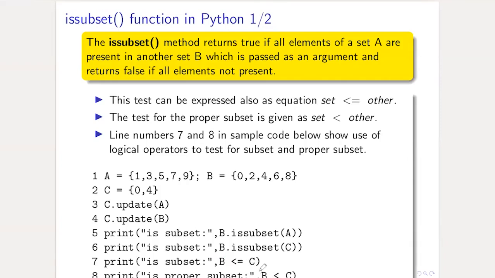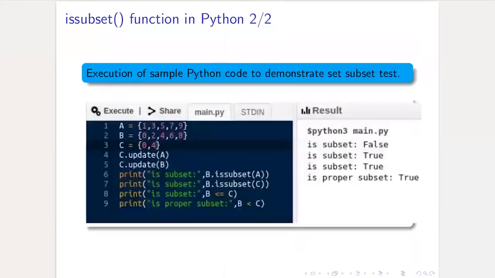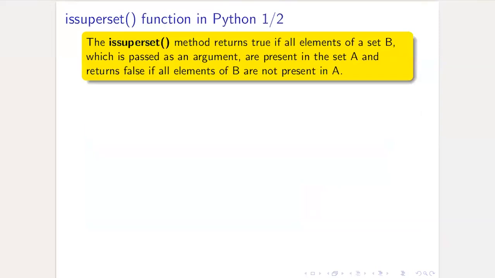But if you want to check whether a set is a proper subset, so there is no equality there, then of course you will have to use the operator. I have given here examples of usage of these built-in functions as well as operators to check whether a set is a subset of another one or a proper subset of another one.